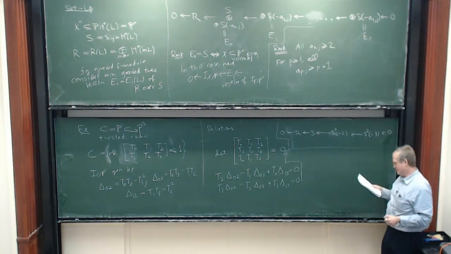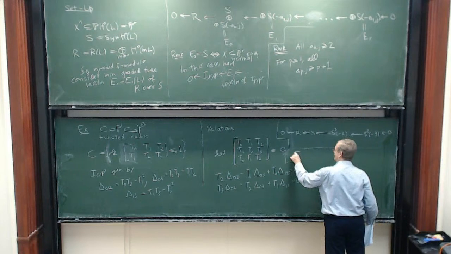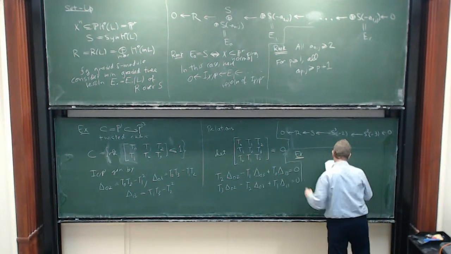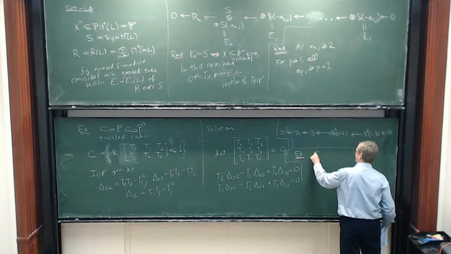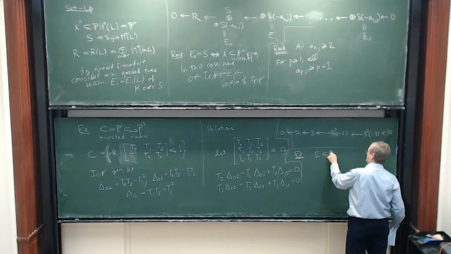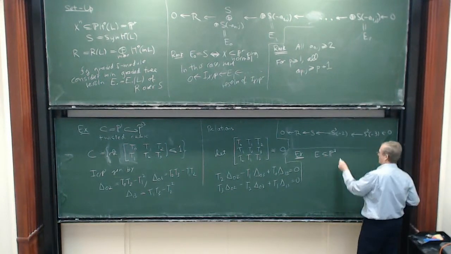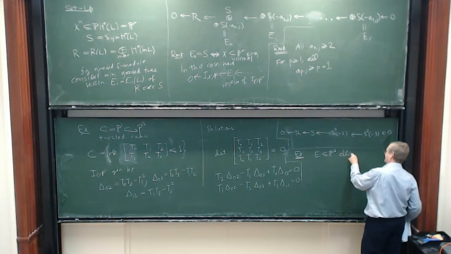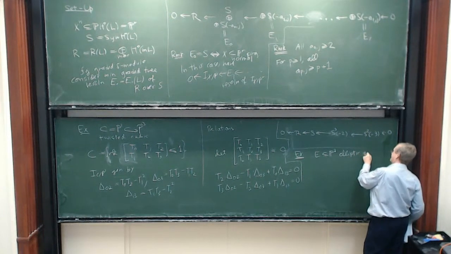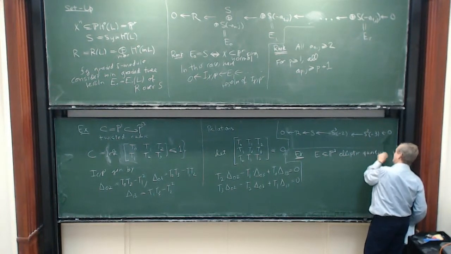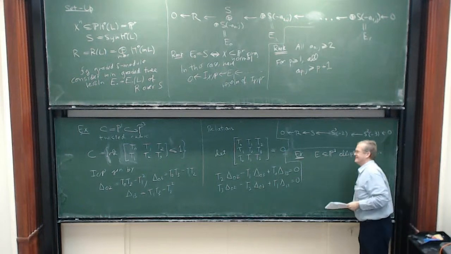Let's do one other baby example, which is in some sense easier. Let's do the elliptic quartic curve. So let's take E in P3, an elliptic curve of degree 4. This is again a famous thing.